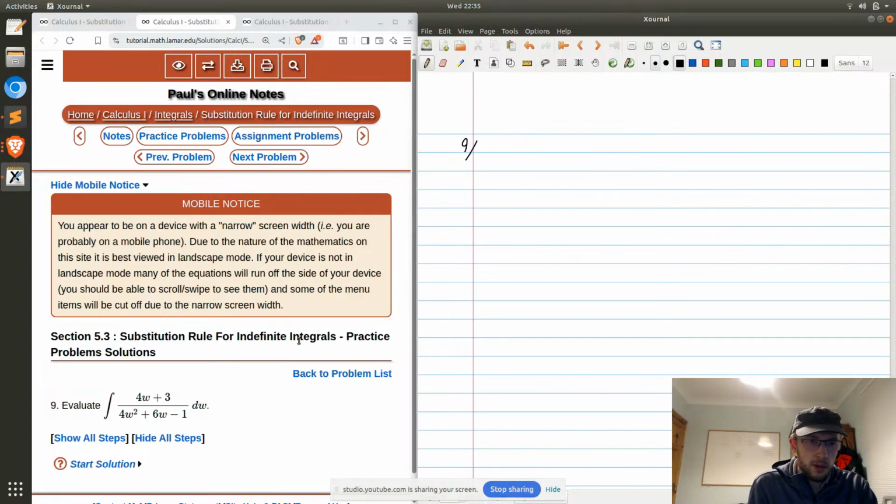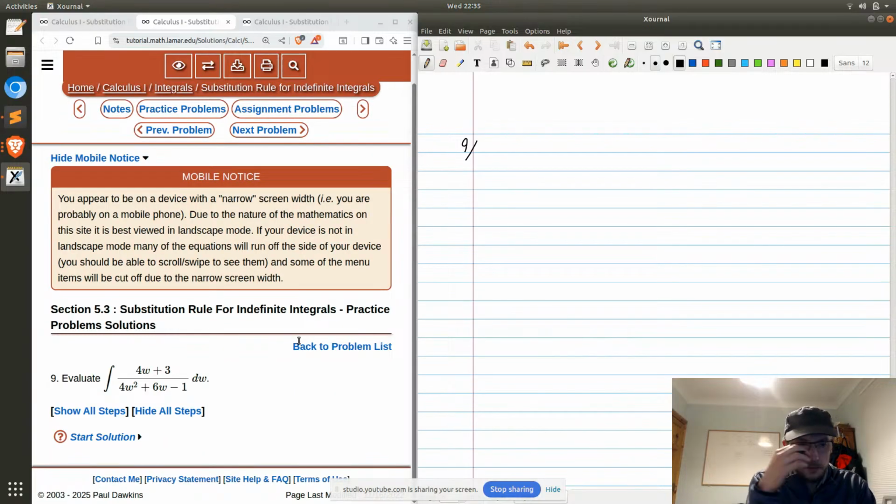Next, problem 9. d by dx of ln x is 1 over x. d by dx of ln of f of x is f prime of x over f of x.